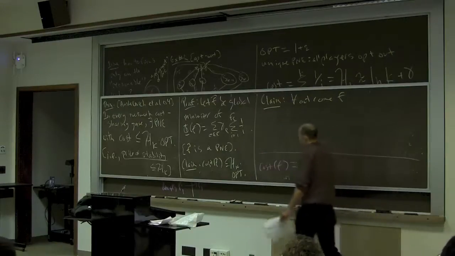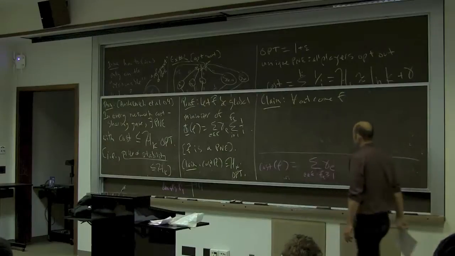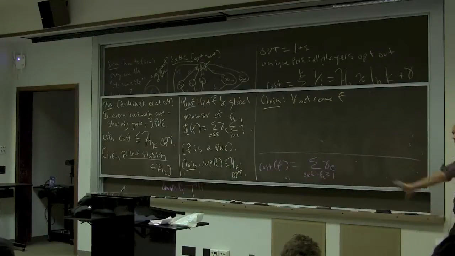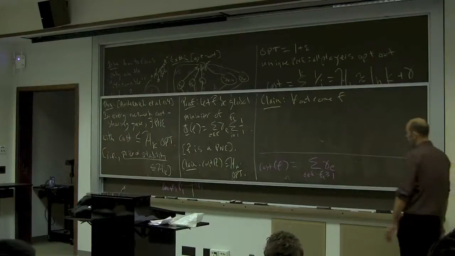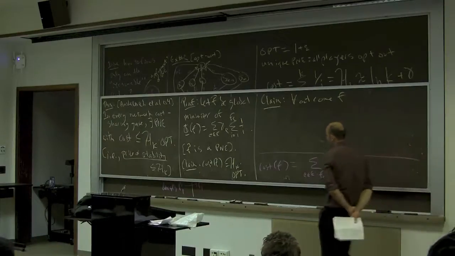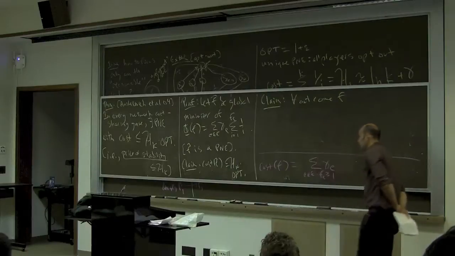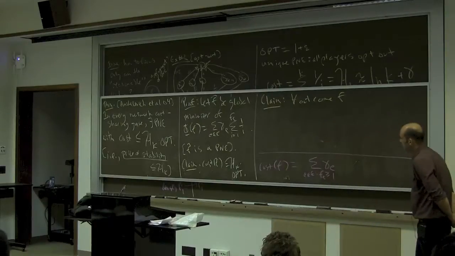So let's just stare at these. Fix an outcome f, and I claim the answers to the questions I'm about to ask don't depend on which outcome f we're talking about. Which of these two numbers is bigger for a fixed f? The yellow number or the pink number?